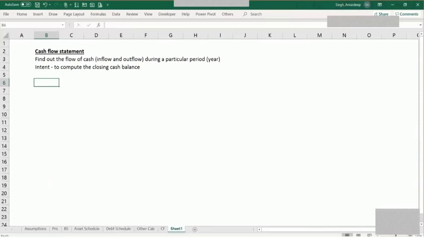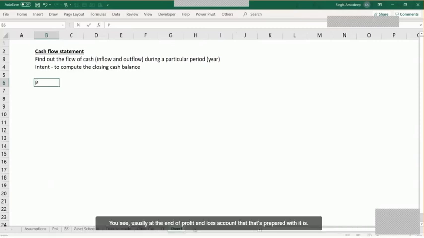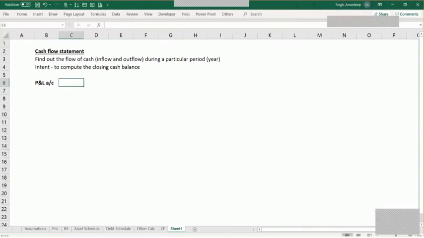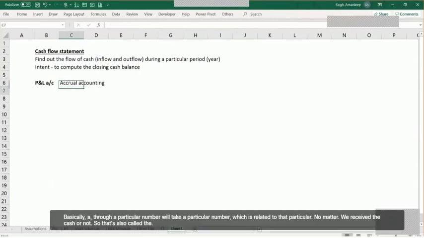Usually the P&L, the profit and loss account that we prepare, is prepared with an assumption of accrual accounting. What we mean by accrual accounting is we take a particular number which relates to that particular year, no matter whether we have received cash or not.